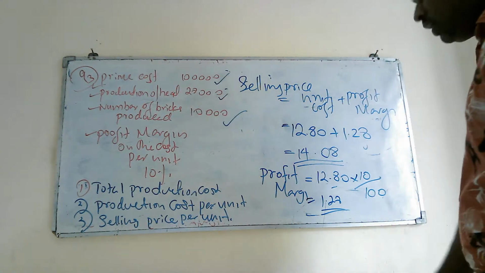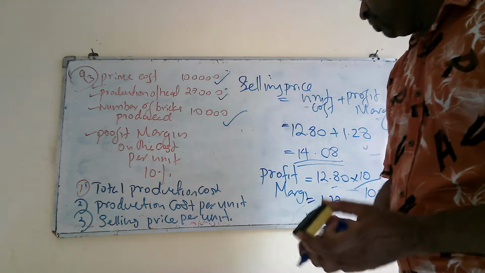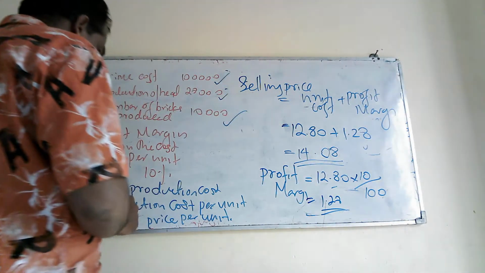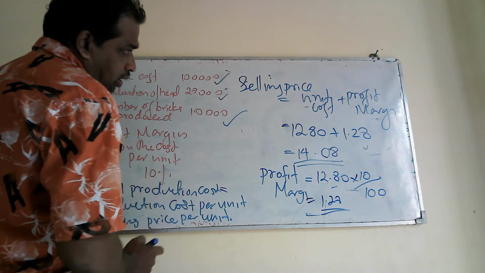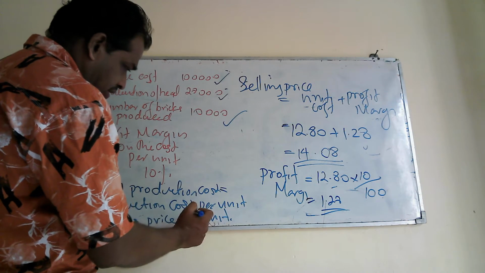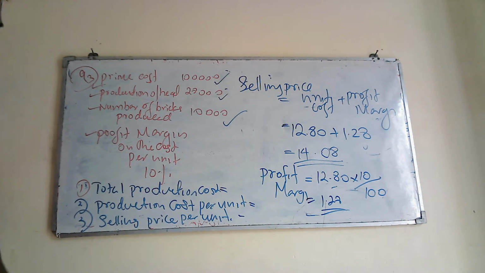Right? 14.08, that is the answer for part 3. Then you got the production cost, the production cost per unit, and the selling price per unit. Okay, you got all the answers.